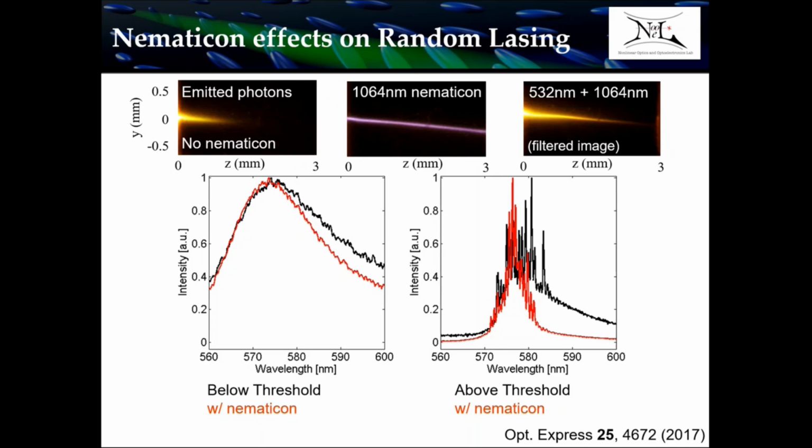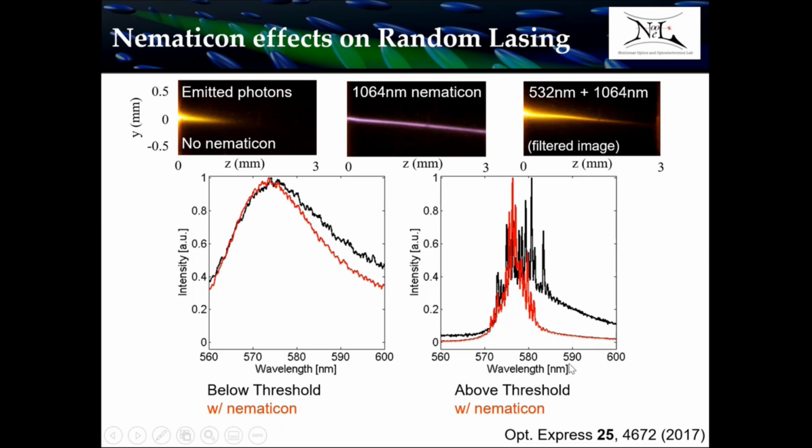This is the near-infrared CW waveguide induced by light. You see it's a non-diffracting self-localized waveguide. And on the right, the combination of a nematicon with random lasing, which provides, of course, guidance to the emitted light. As a result, the photograph shows you the emitted light from the random laser, which is guided and propagates much longer without diffraction because it's guided by the light-induced waveguide.